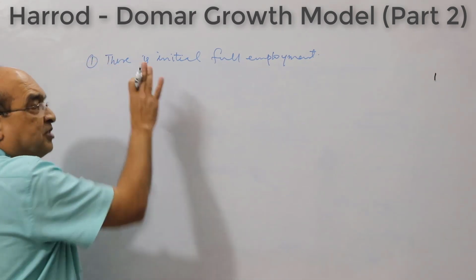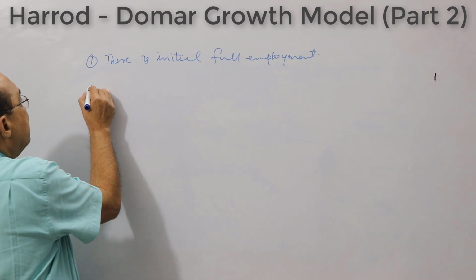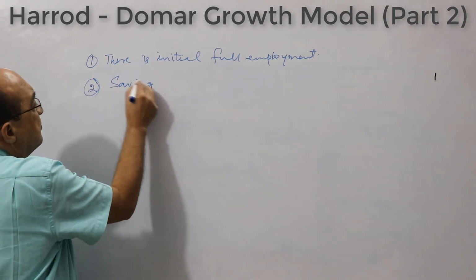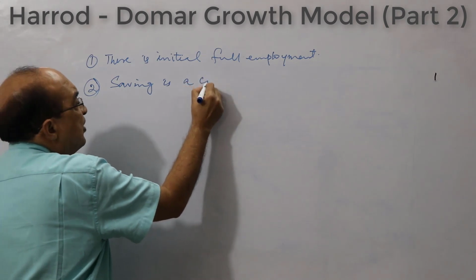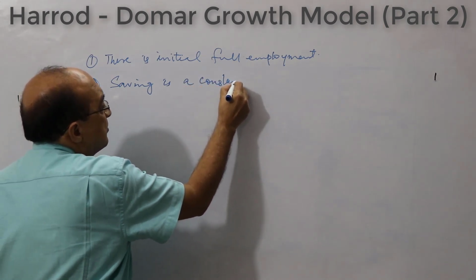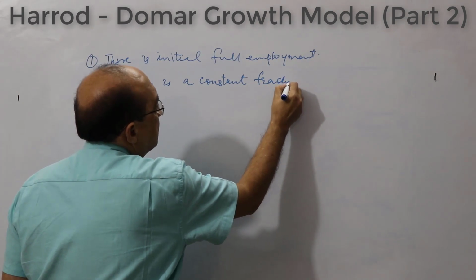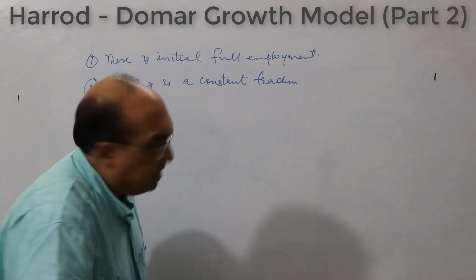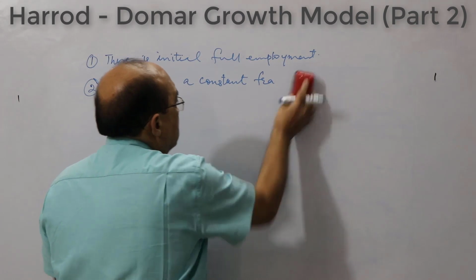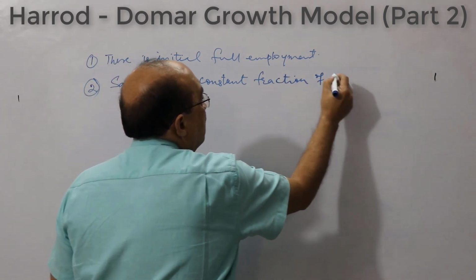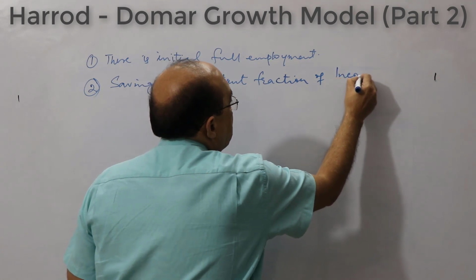This assumption was there in Harrod's also. And second, saving is a constant fraction of the income.